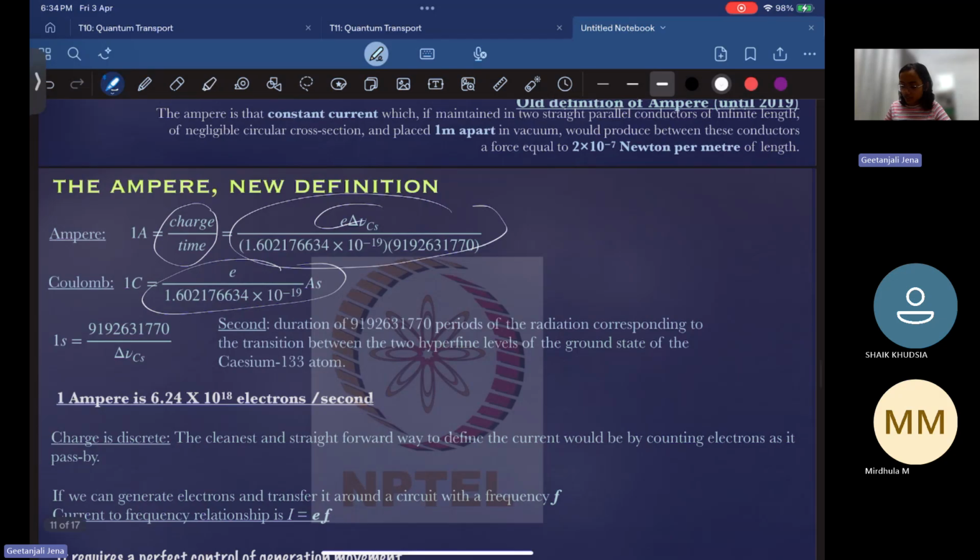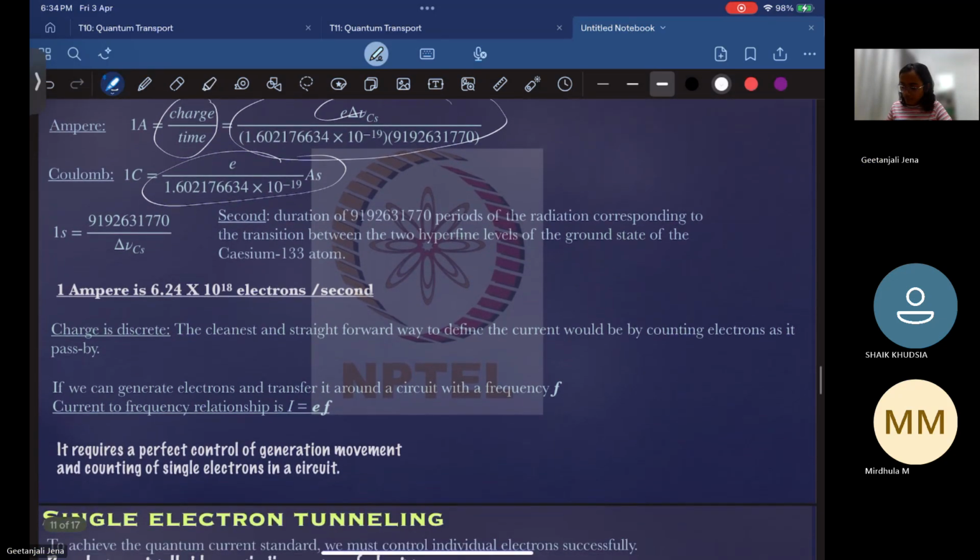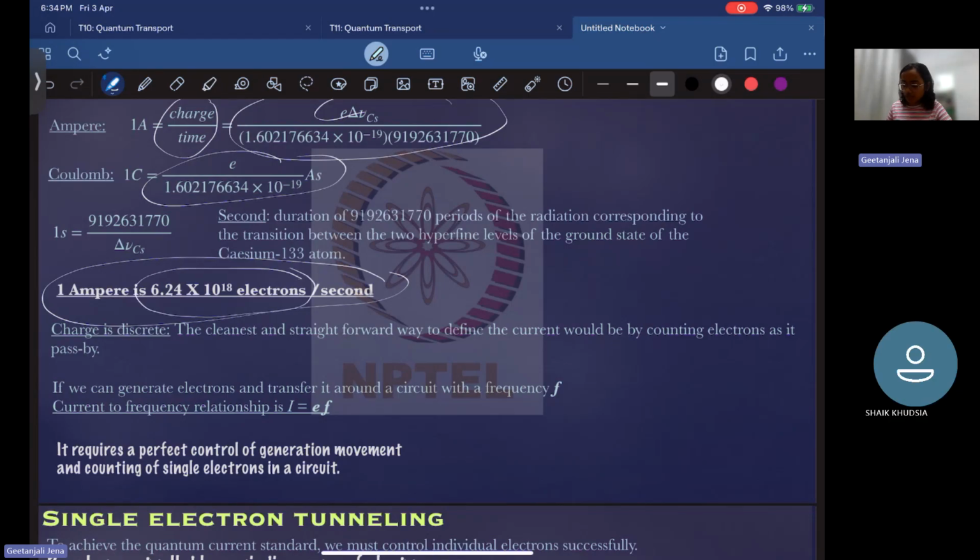And if you take the ratio of it, you will get that 1 ampere is nothing but the time that is required to flow this number of electrons across a junction, which is 6.24 into 10 to the power 18. Okay. And if you look at this, it doesn't involve any other unit, it only involves time as well as the number of electrons. So that means it is universal.